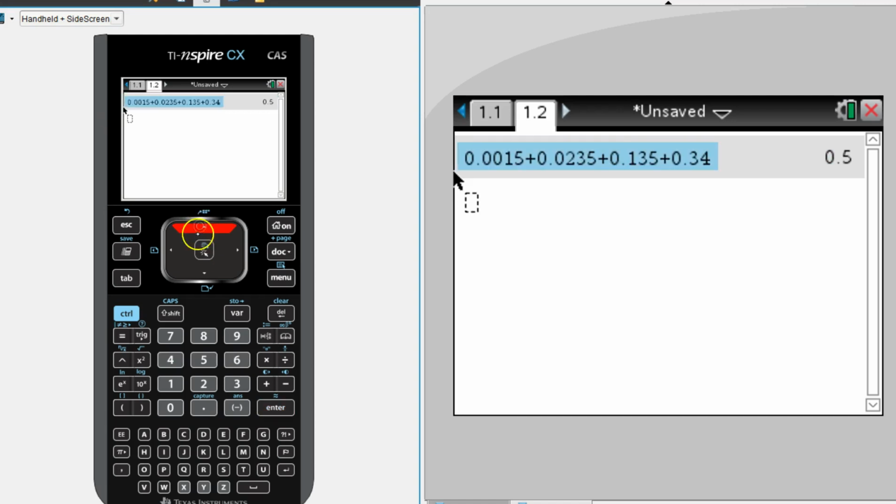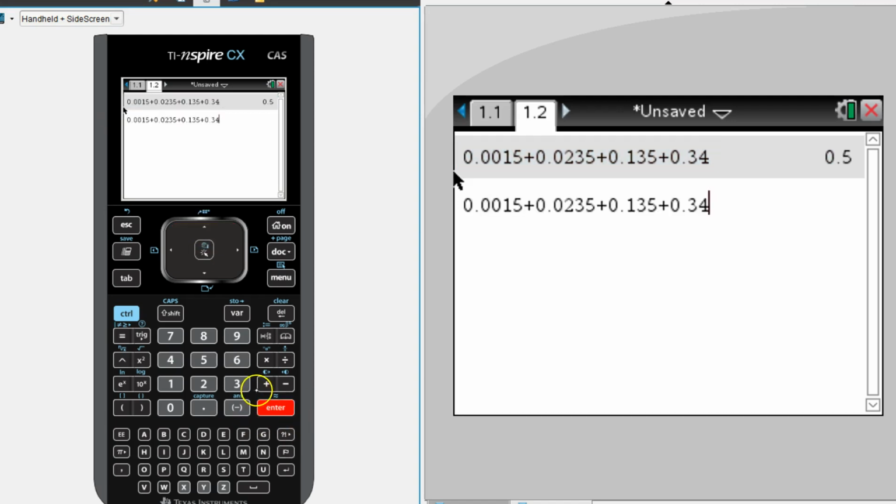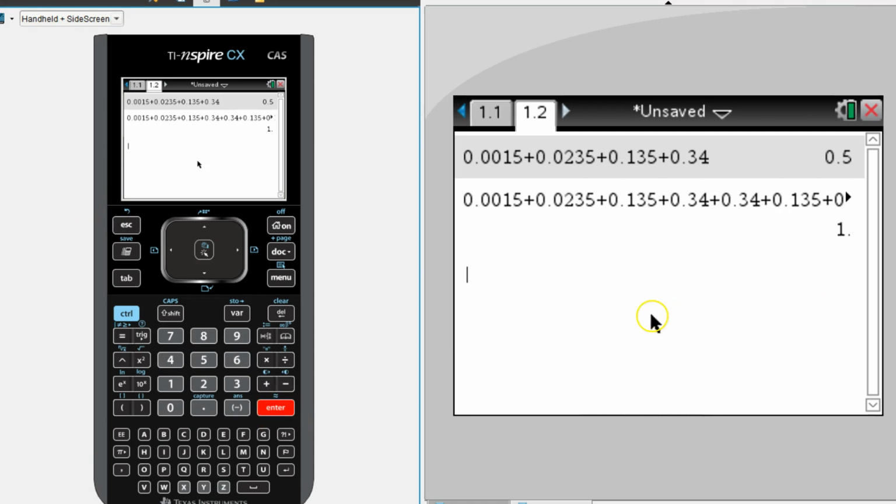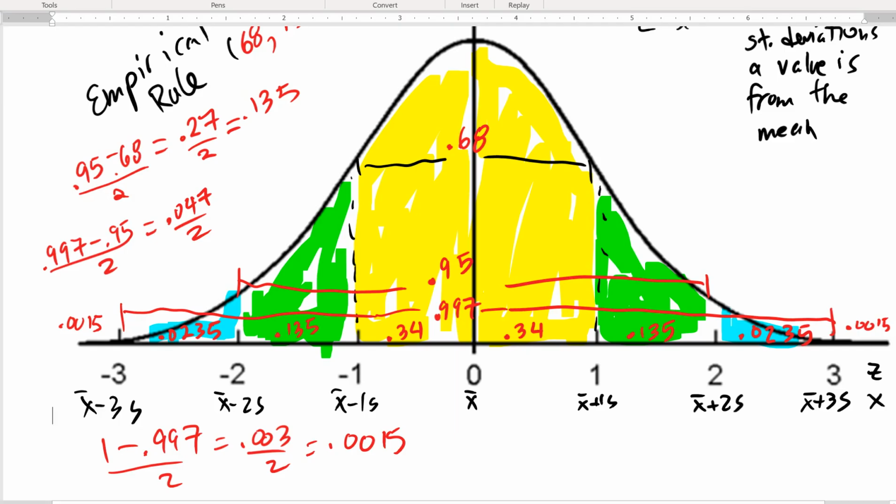And then it would make sense that if I added the rest on the right side, the other 0.34, the other 0.135, the other 0.0235, and last 0.0015, this should total to 100% or all of it, okay?